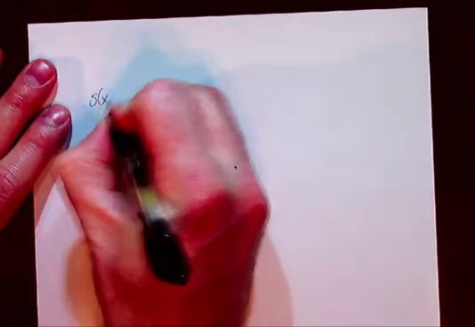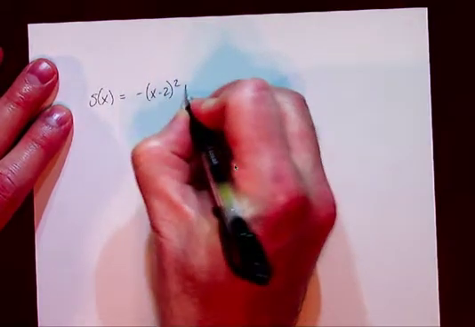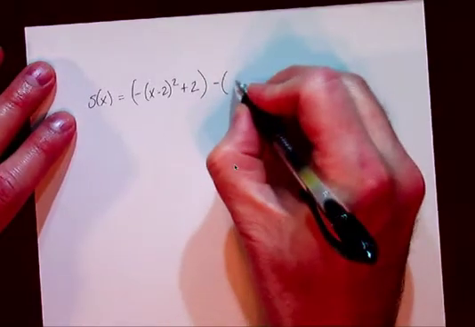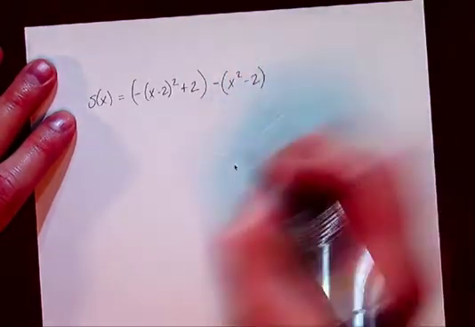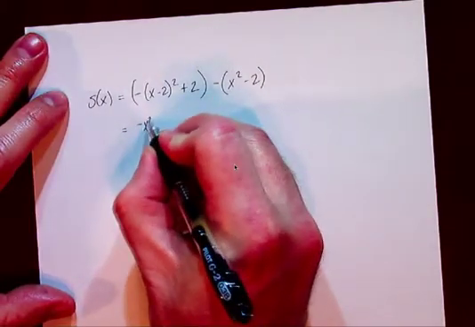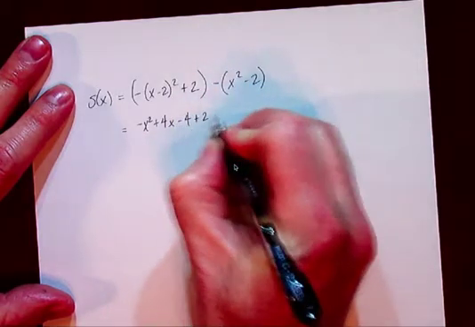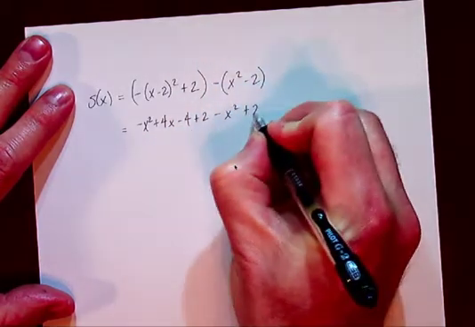That's fine. Now, our green, we know that our s of x is going to be green, negative x minus 2 squared plus 2, right? Minus my pink, x squared minus 2. Well, this one winds up being negative x squared plus 4x minus 4 plus 2 minus x squared plus 2.